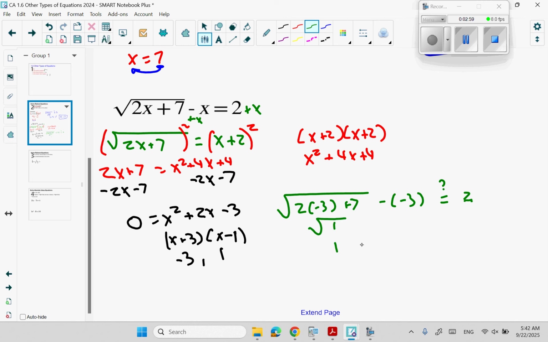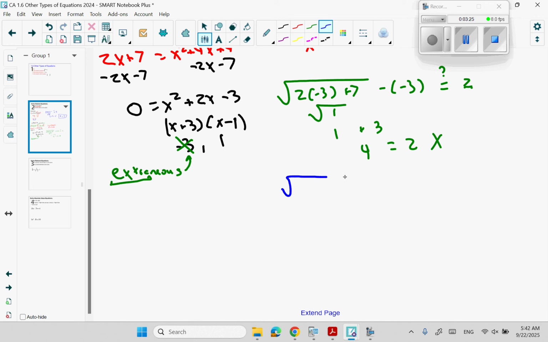Subtracting a negative 3 turns into 1 plus 3, which would be 4. Does 4 equal 2? No. So negative 3 is actually an extraneous solution. What does that mean? Well, the first 5 letters in extraneous are extra. It just means it's a solution that doesn't actually work out. It's extra.